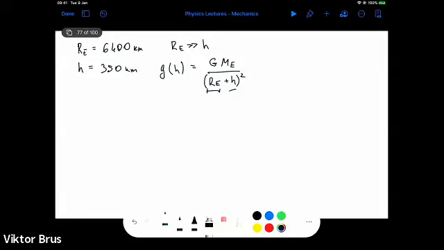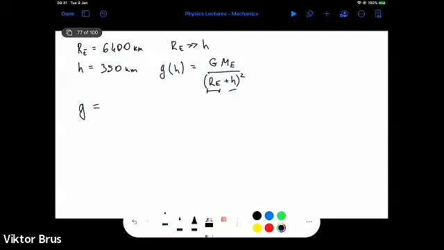So another interesting case to mention is the application of this law of universal gravity to determine the density of the Earth, for instance. So again, we come back to this equation for the acceleration of free fall on the surface of the Earth.